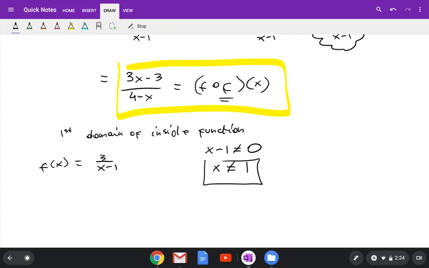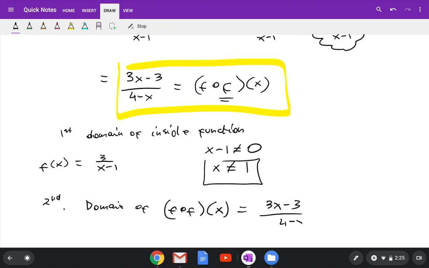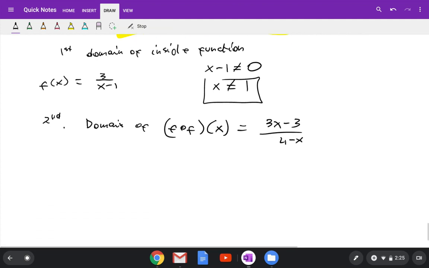Let's save that. Second, the domain of the composition. So our composition function is 3x minus 3 over 4 minus x. Also a rational function. So for the domain of rational functions, you take the denominator and say that it can't be 0.